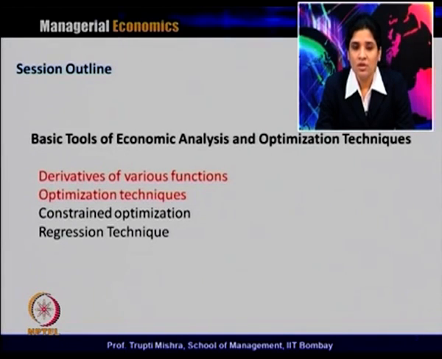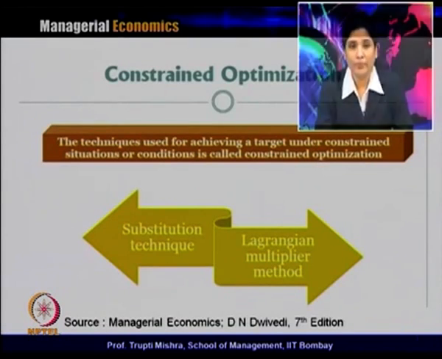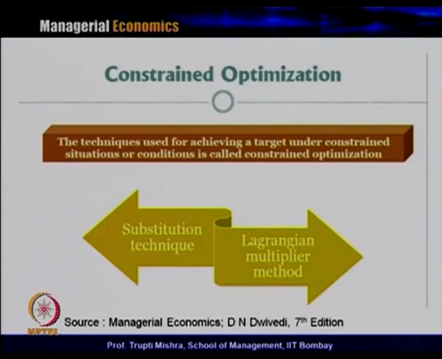So today we will discuss the optimization technique with a constraint, either in the form of income or in the form of cost, either maximization of revenue or minimization of cost. Constrained optimization is a technique used for achieving a target under a constrained situation or condition.